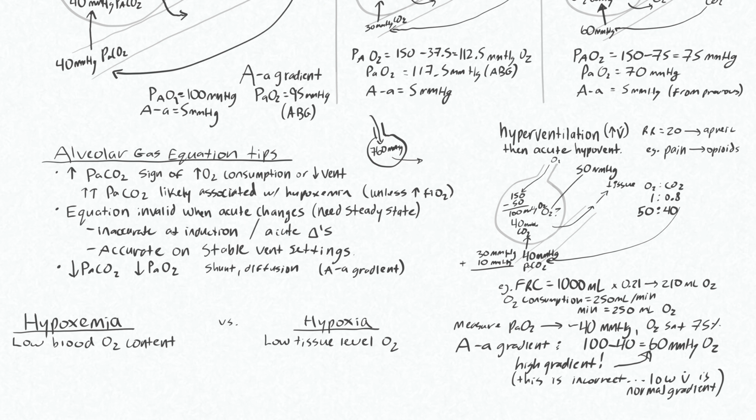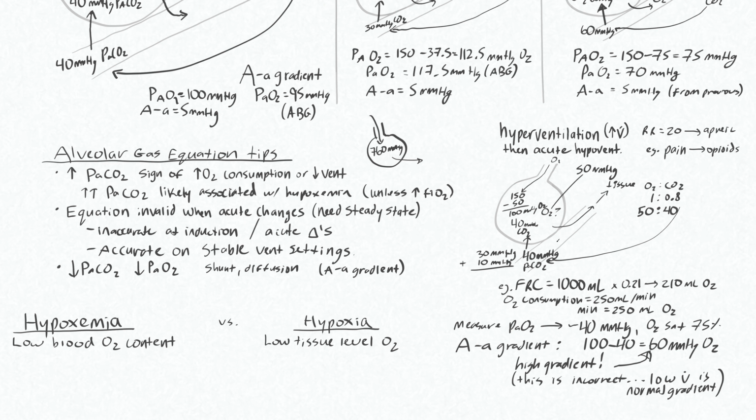The alveolar gas equation here is not valid because ventilation was changed without establishing a new steady state PaCO2. And actually, if you're apneic, the steady state of your PaCO2 doesn't even exist because it would just keep going up and up and up.